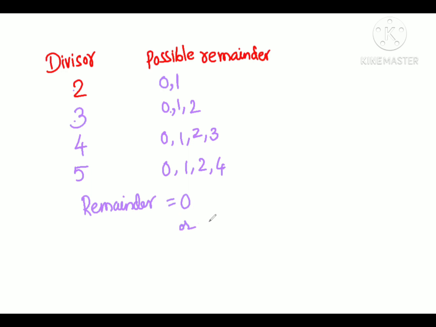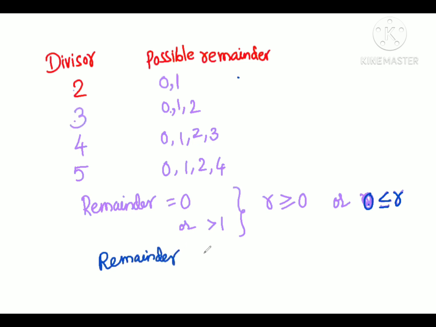So by combining these two results, we can write remainder is greater than or equal to 0, or this can be written as 0 less than or equal to R. Moreover, the remainder is less than the divisor.